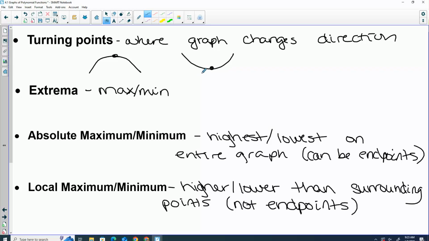So we'll take a look at a picture and identify those maxes and mins so you can see the difference in the two types.